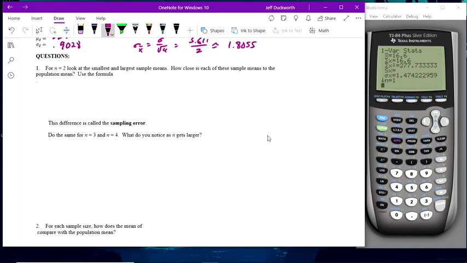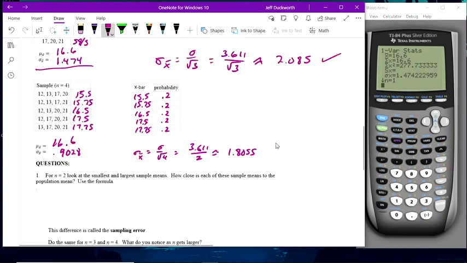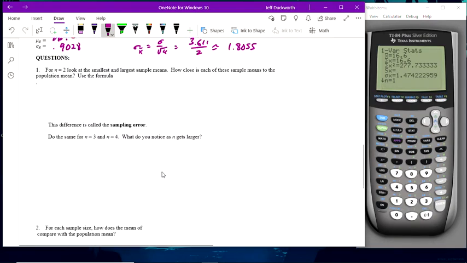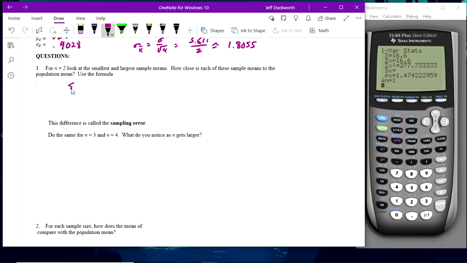All right, and finally, the questions that relate to all of this information, we're just looking at these different distributions of n equals 2, n equals 3, and n equals 4, and trying to figure out what we have here. We're looking for the smallest and largest sample and their distance away from the mean, right? So the smallest for n equals 2 was 12.5. The largest was 20.5. So smallest is going to be 12.5 minus 16.6.